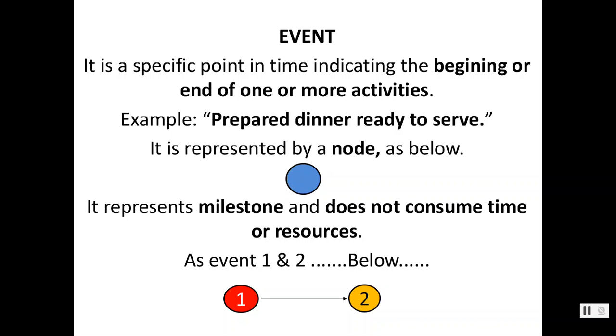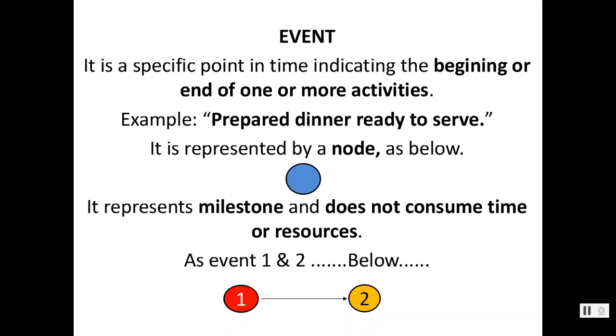It will not require any time or other resources. It is represented by a node, encircled, here with blue color, but color is of no importance. Any color might be used; it needs to be encircled and is called a node, indicating an event of a project diagram.